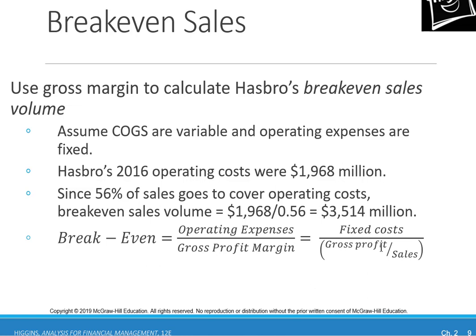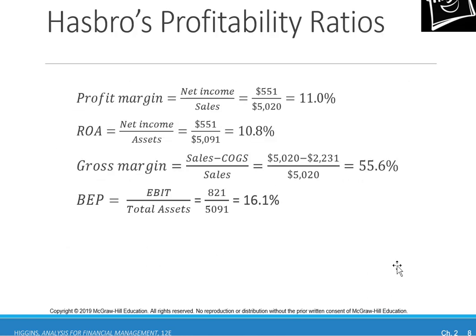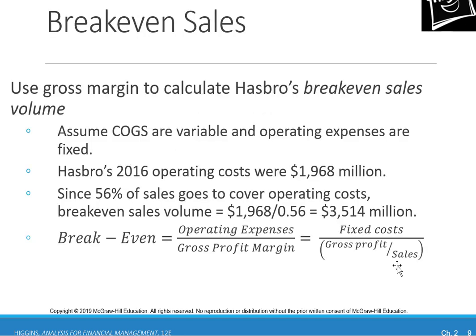So if you take the operating expenses, 1,968, divided by the gross profit margin, which we had up here as 55.6, you would end up with $3,514 in break-even sales.